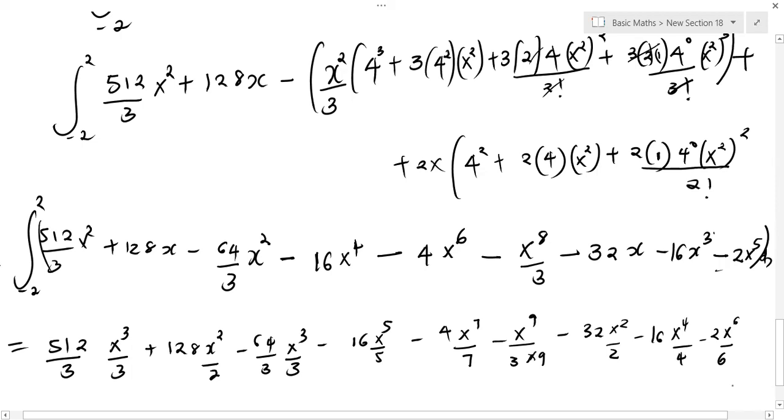And we evaluate this from -2 to 2. Then you get our answer. So the rest you can just input the values in the calculator.